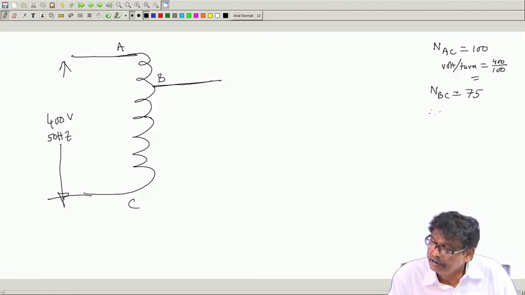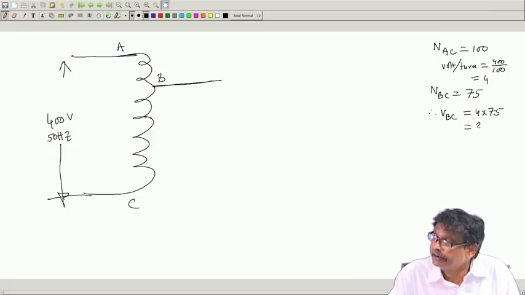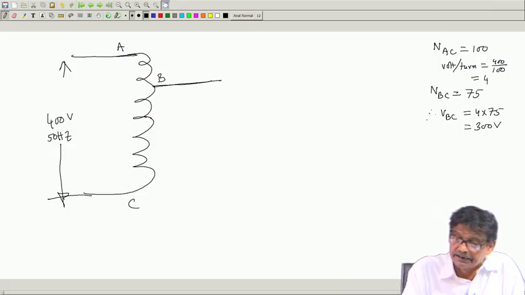Therefore, I will immediately calculate V_BC, the voltage available between these two. This was 4 volt per turn, so 4 into 75, that is 300 volt I will be getting.